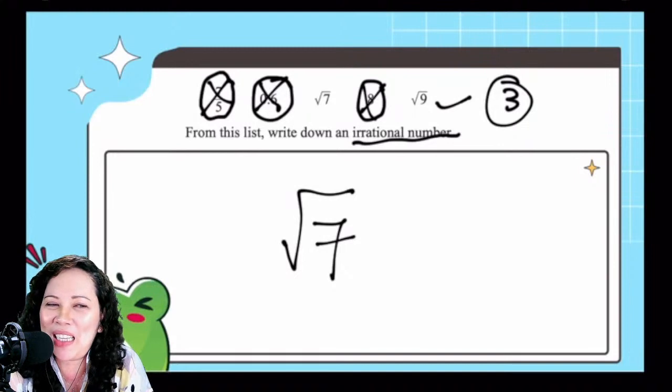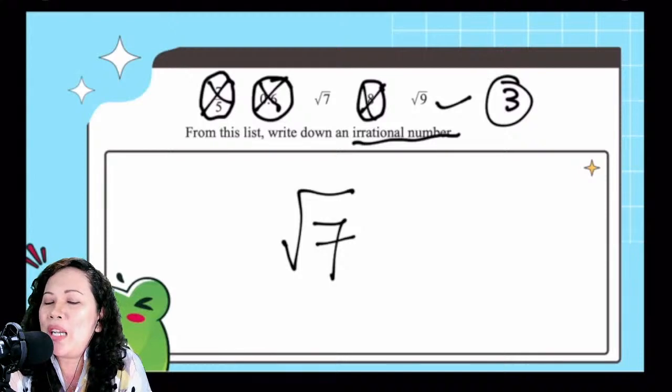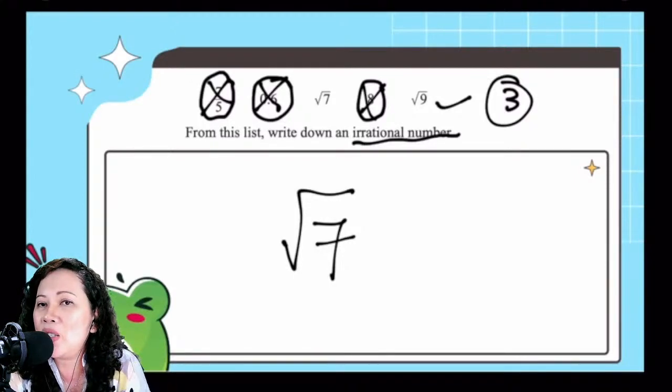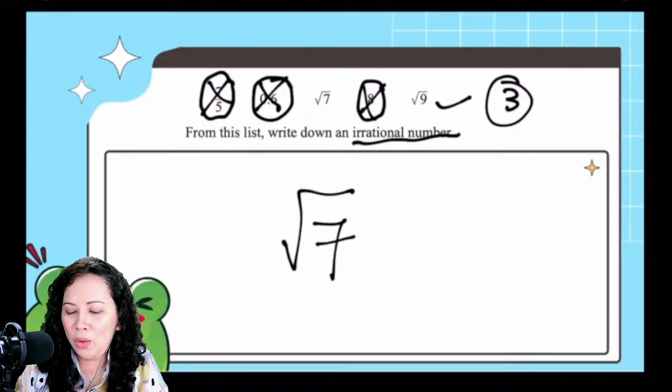If you happen to have a question about irrational and rational numbers, you just need to eliminate those that are in fraction form, or if it's in decimal, it's repeating or terminating, and if it is in square root form, it should be a perfect square. Those are rational numbers, so you just need to eliminate them from your choices. So for this case, it's only square root of 7. I hope that's clear.